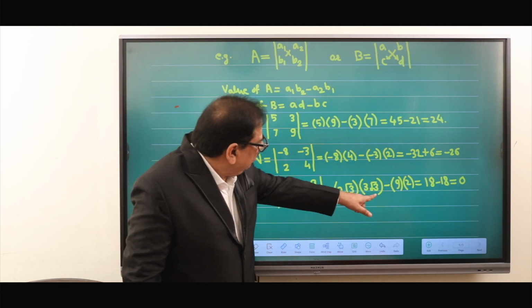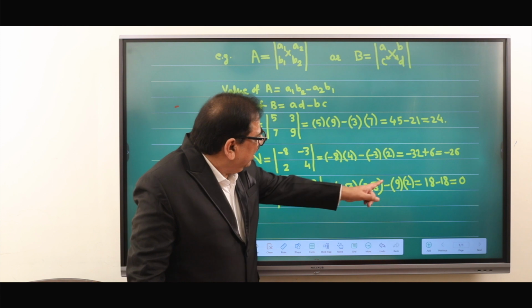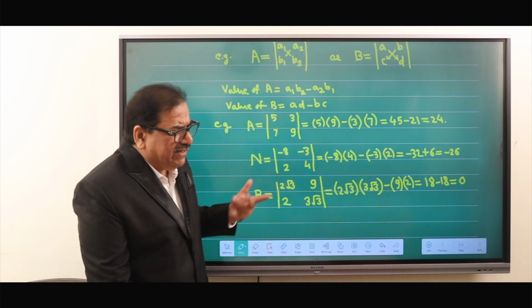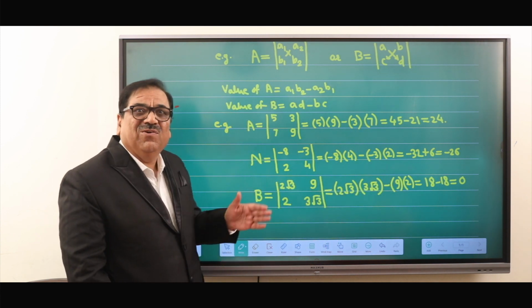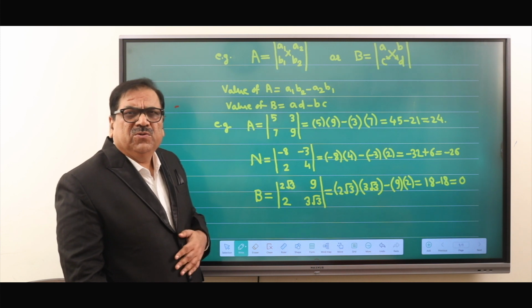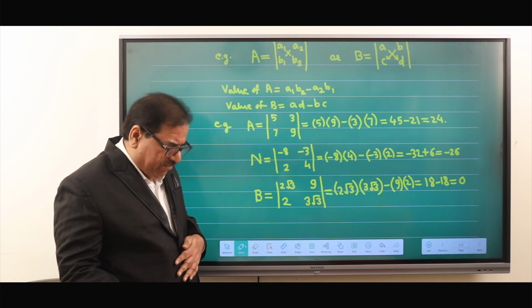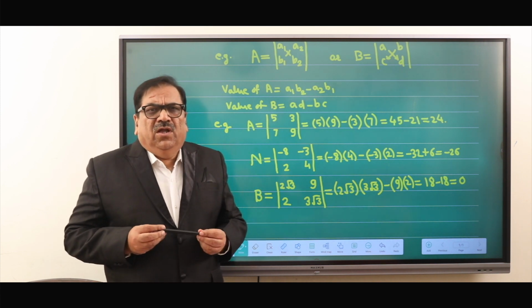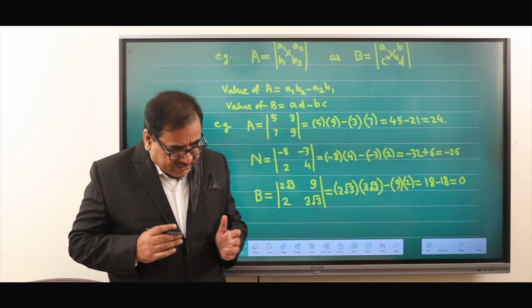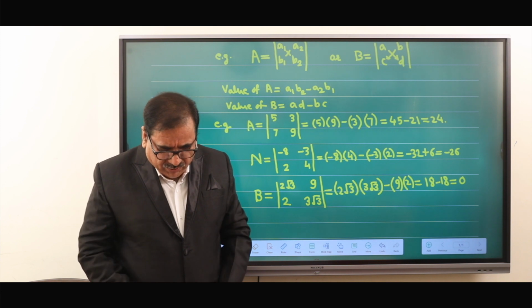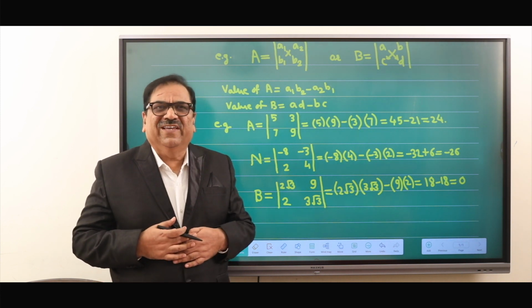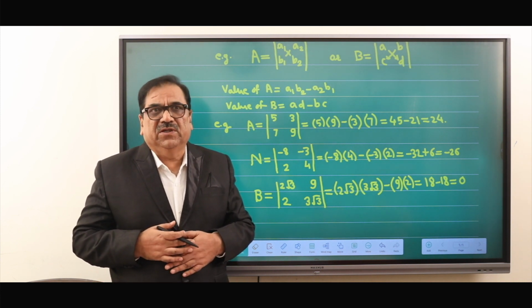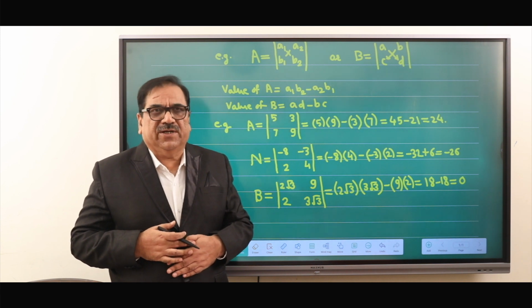So the product of these numbers is 18 and the product of 9 and 2 is 18. So 18 minus 18 is equal to 0. This type of arrangement is called a determinant. Now, how this concept of determinant is used in solving simultaneous equations, that we should understand.